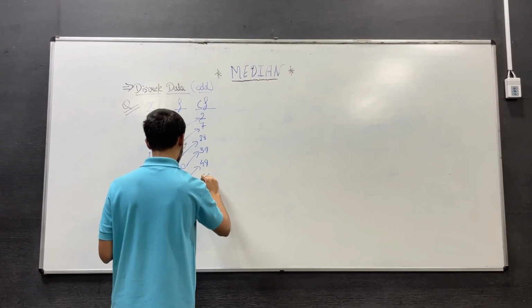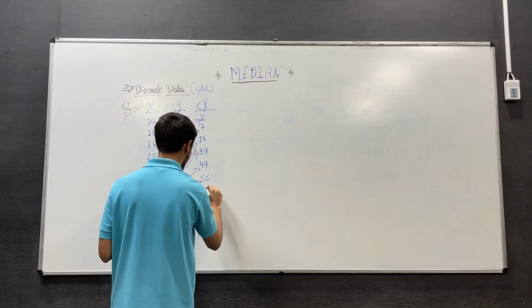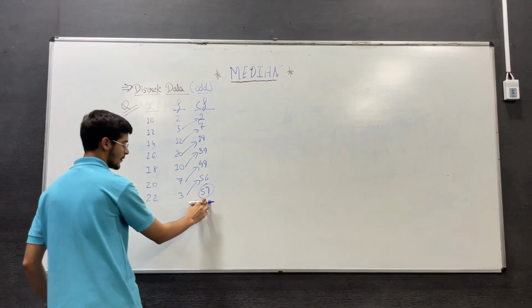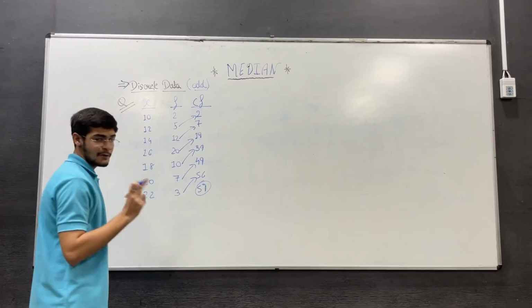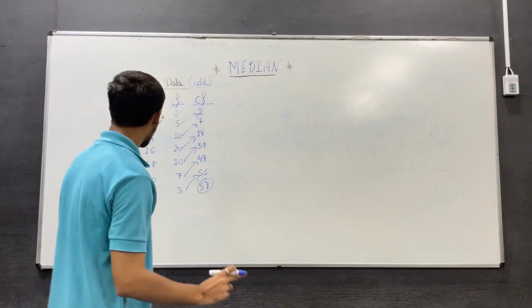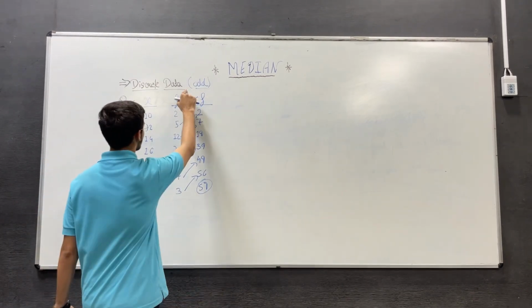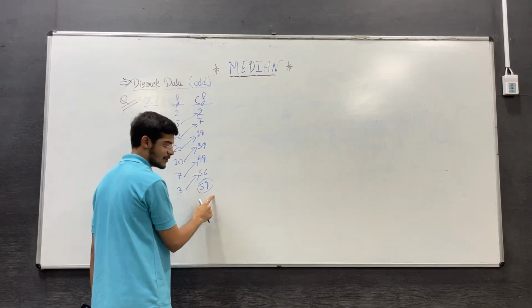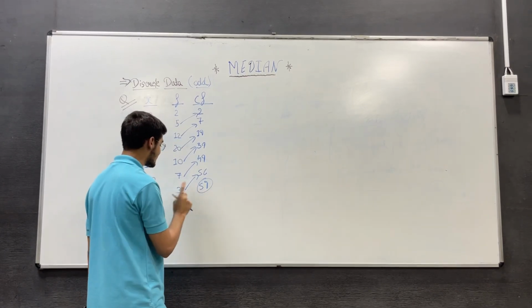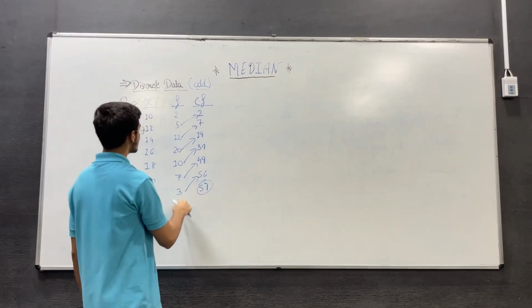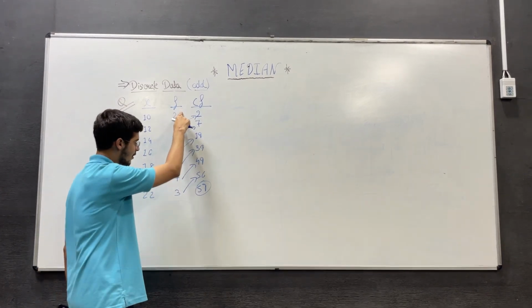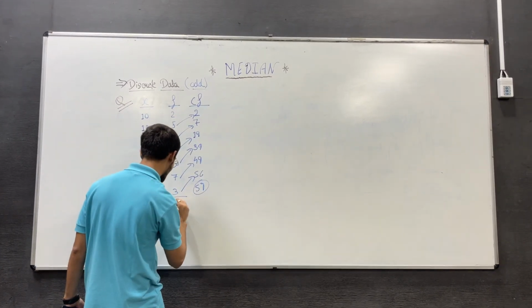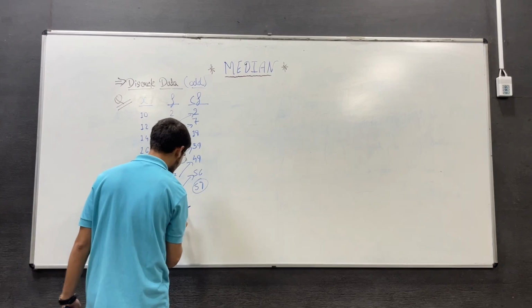And 56 plus 3 will be 59. So here we got 59 at last. If you want to verify it, you can also take the summation of the frequency. The cumulative frequency which we get at the last will be the same as the summation of the frequencies. So once you do the summation of the frequency, you will get the same value, which is 59.